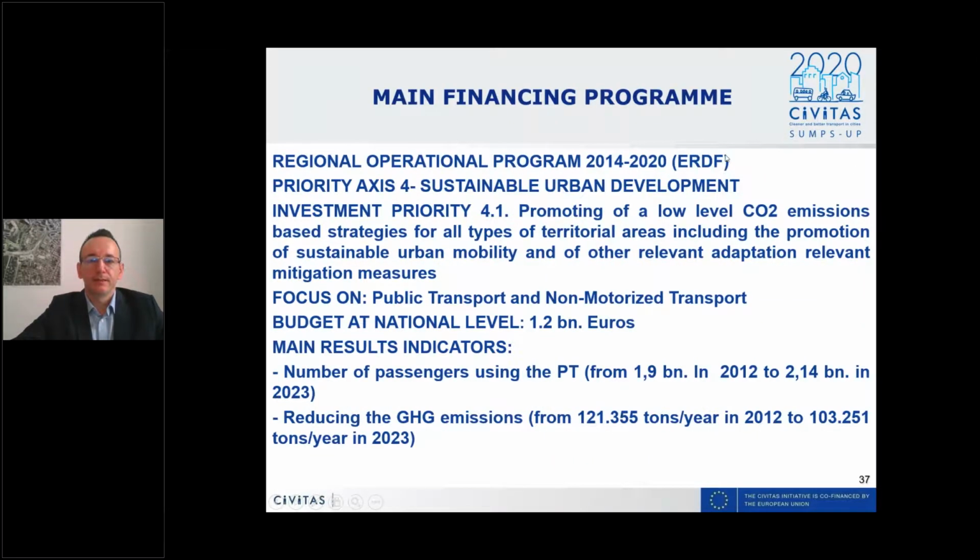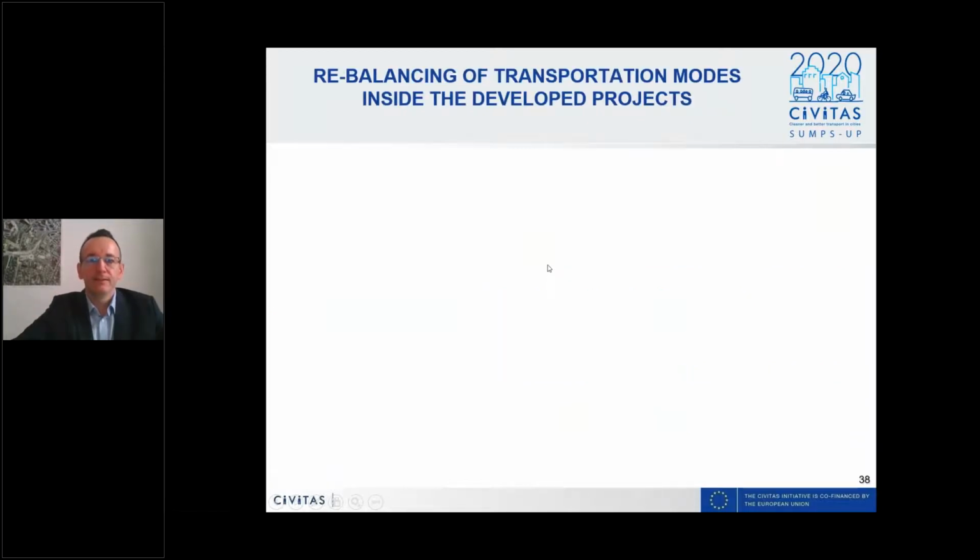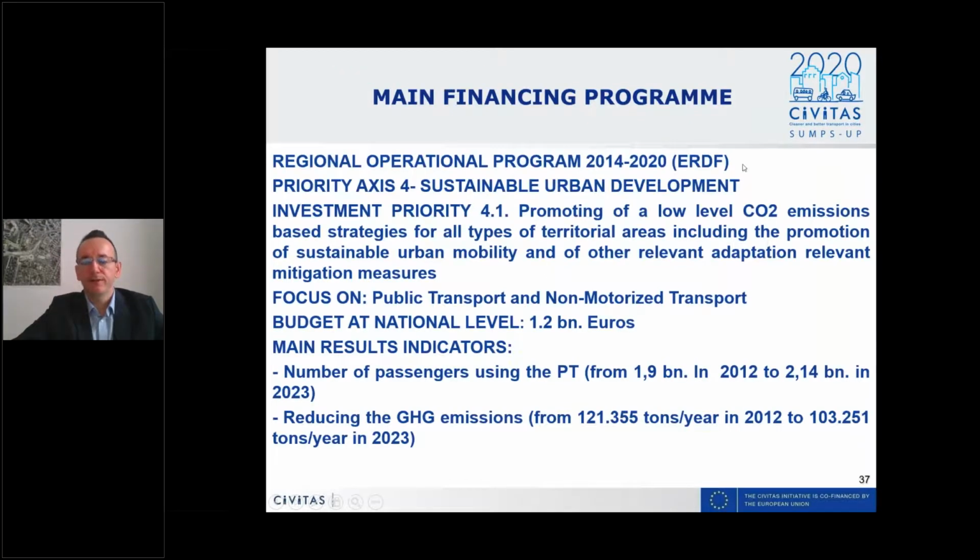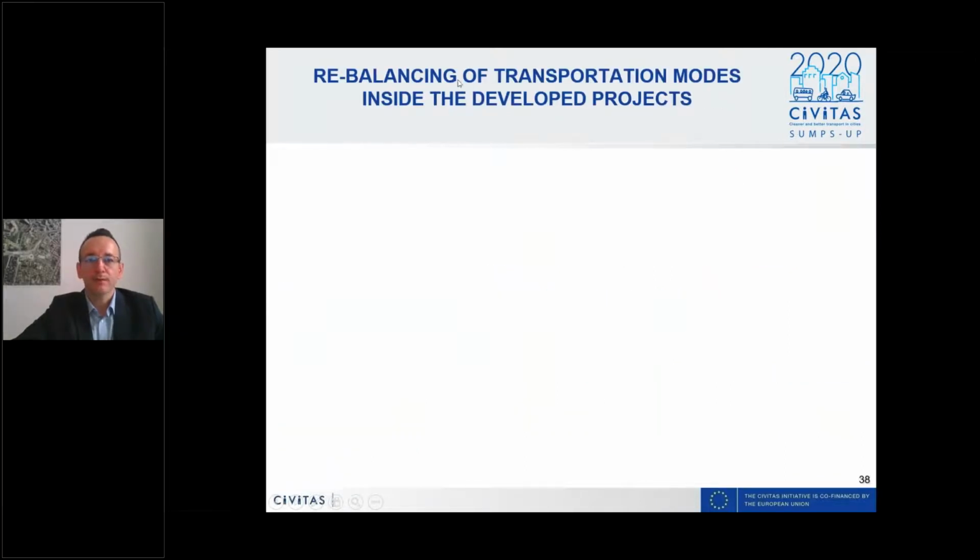And as I previously mentioned, the regional operational program was in fact the main financing instrument. This instrument was very important because we experienced a rebalancing of the transportation modes inside our developed projects.